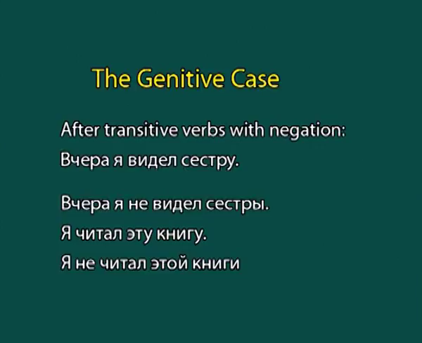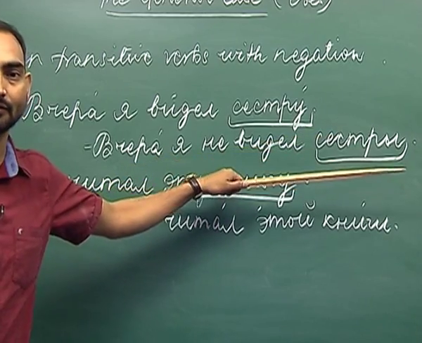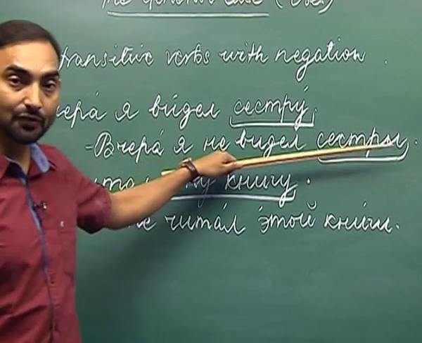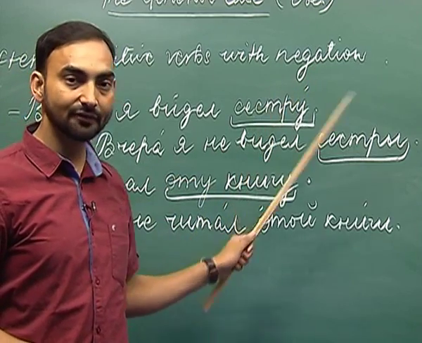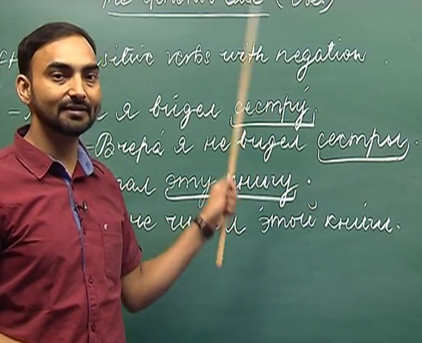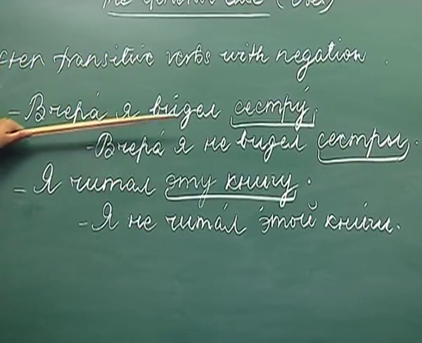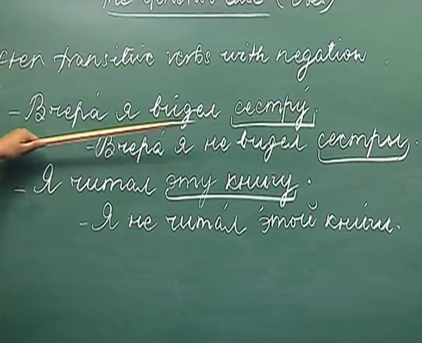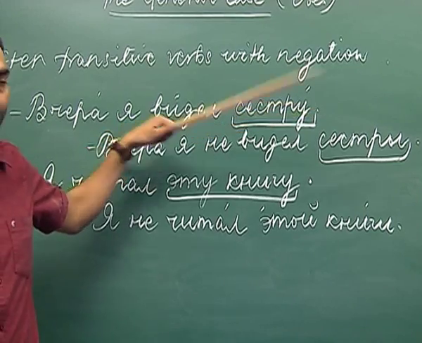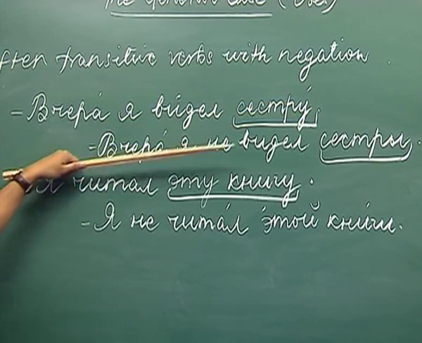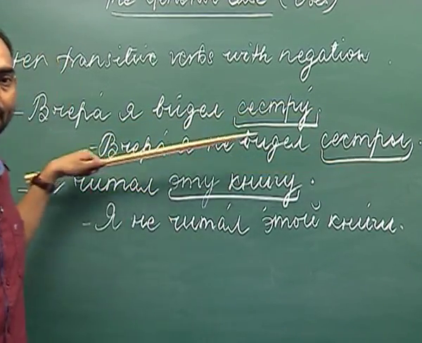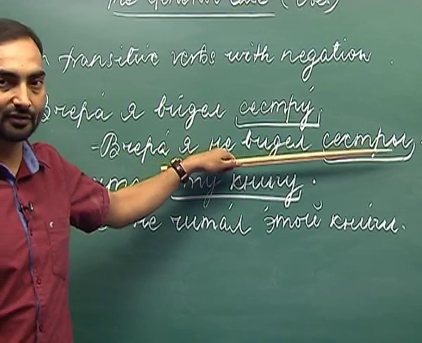Now, the same sentence with the negation: вчера я не видел сестры. Here we are not using the accusative case, we are using the genitive case of the noun сестра. Вчера я видел сестру, yesterday I saw my sister. Вчера я не видел сестры, yesterday I did not see my sister.